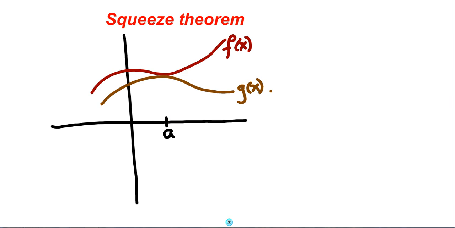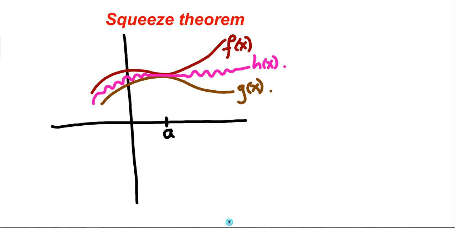You can see near a, g of x is less than or equal to f of x. And if we have another function in between these two functions, let's call that function h of x. If h of x is always in between f and g, then the limit of h of x as x approaches a must also be equal to L.